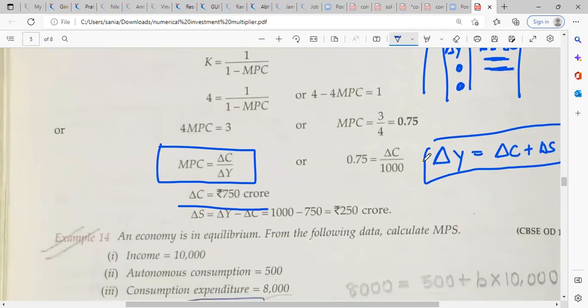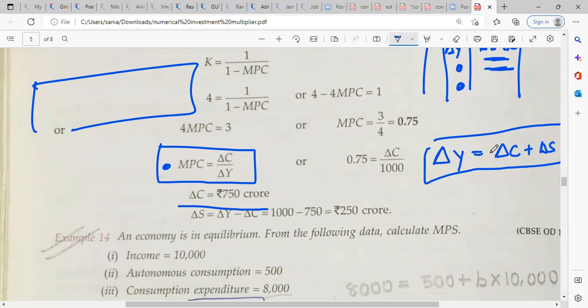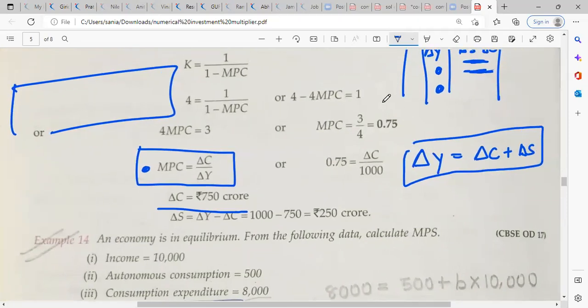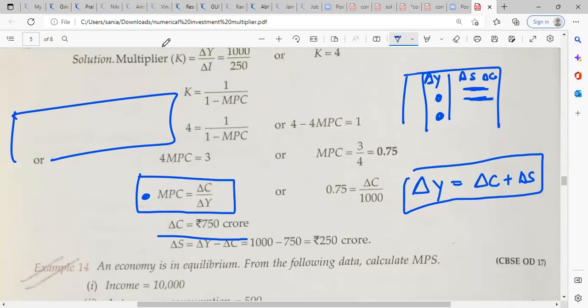Clear? So write these two formulas where you wrote everything: MPC, and delta Y equals delta C plus delta S. Quickly write it down. Done, ma'am.